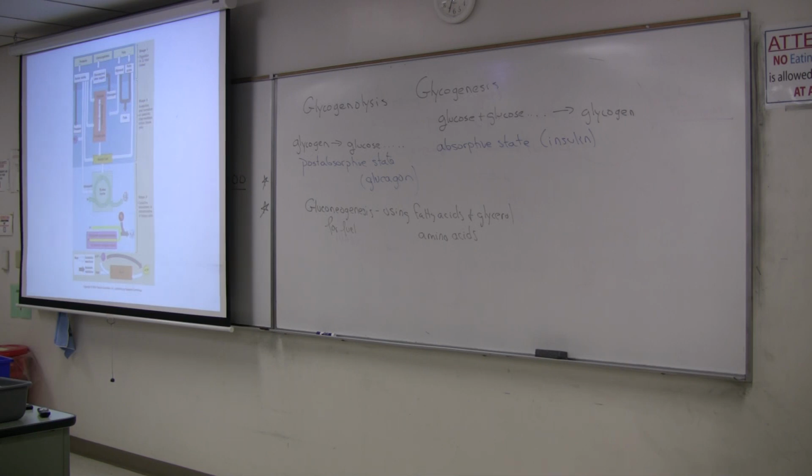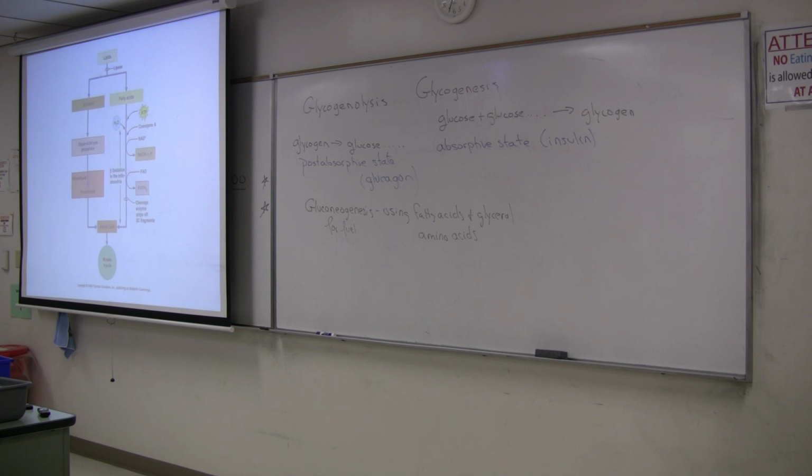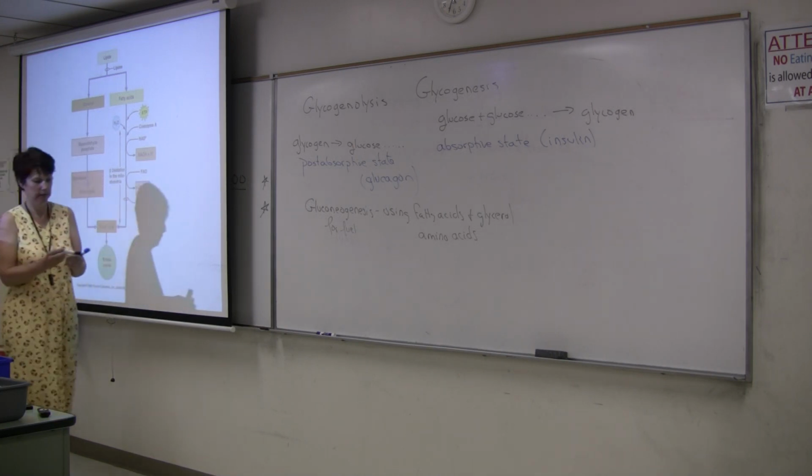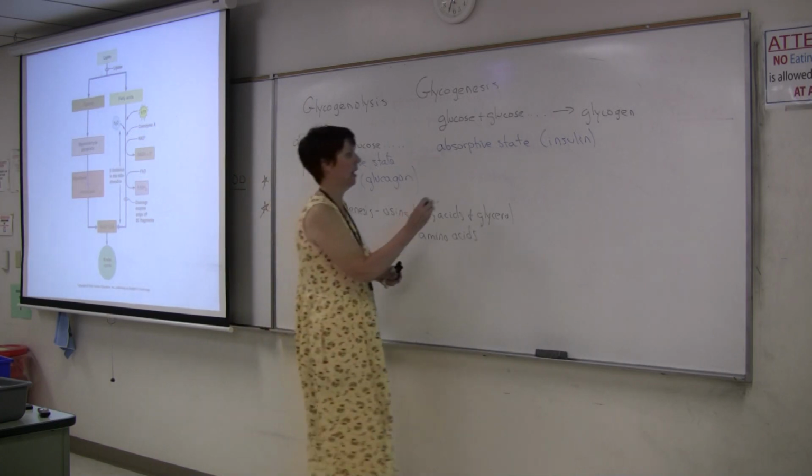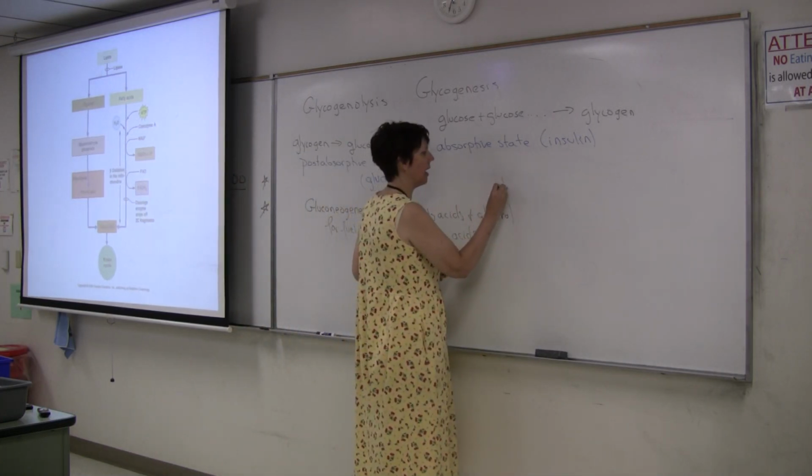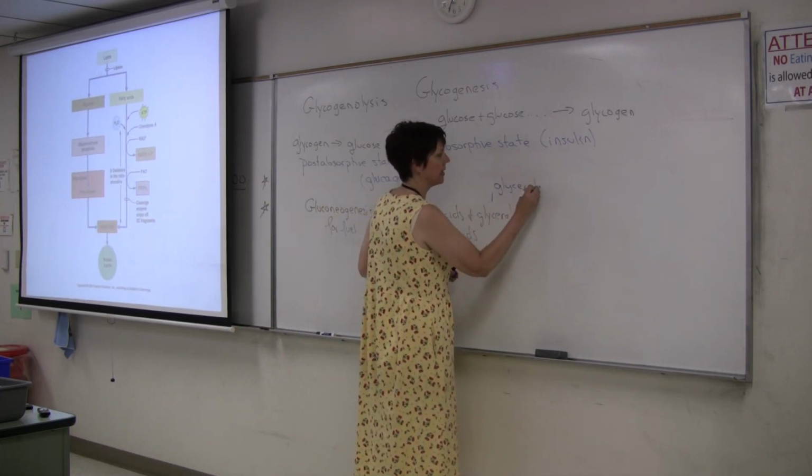And amino acids can come in as glyceraldehyde or into the citric acid cycle as well. So here's a diagram for lipids. So the glycerol can be converted to glyceraldehyde and come in at the very end of glycolysis.